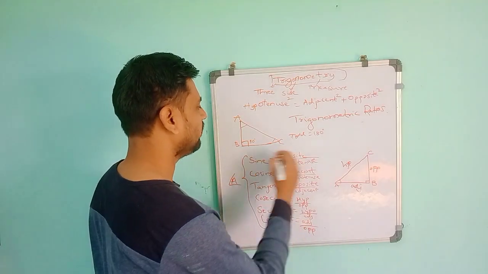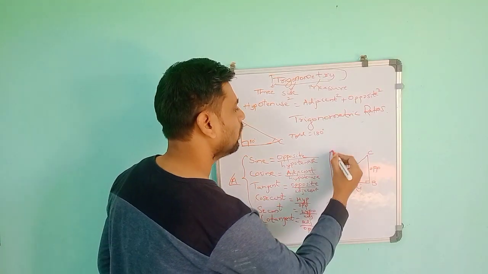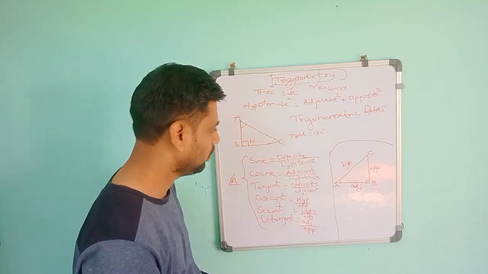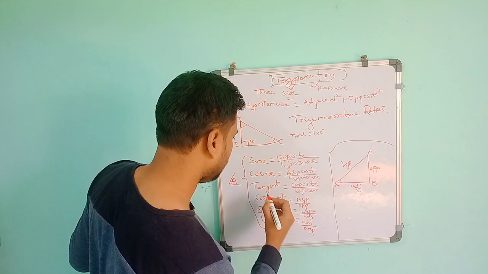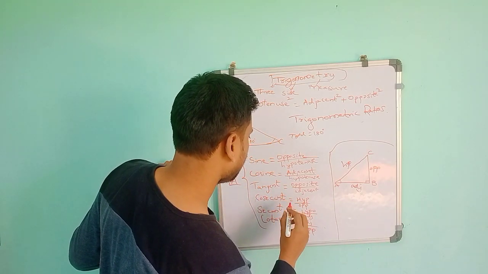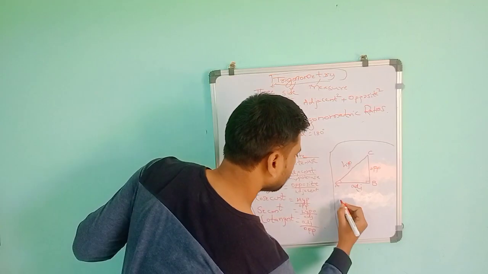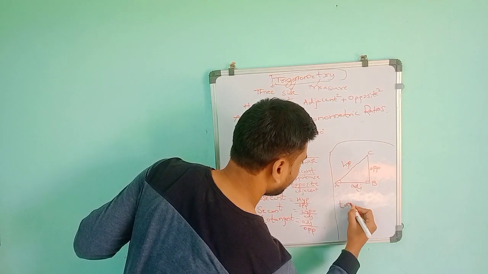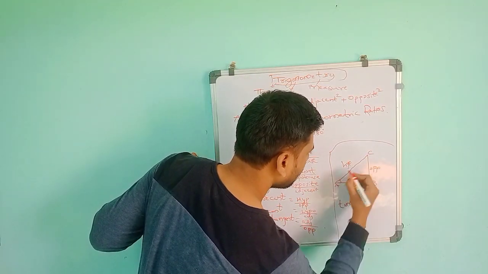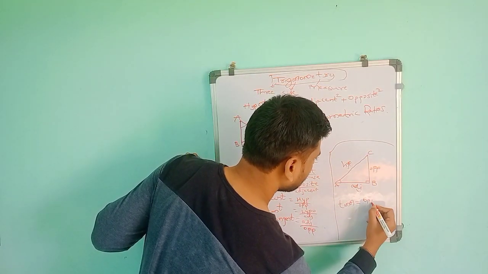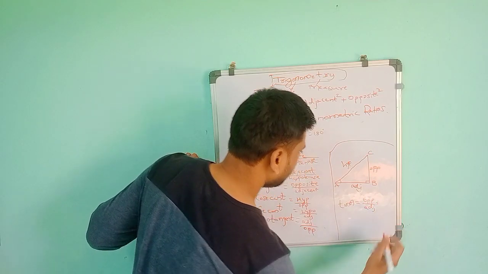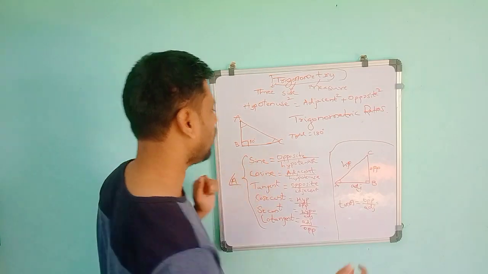So these six are the main formulas for doing trigonometry in a right angle triangle. Now we can write tan A. For this triangle, tan A is equal to opposite by adjacent.